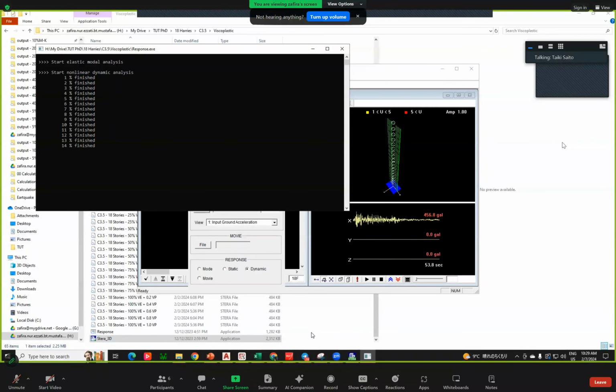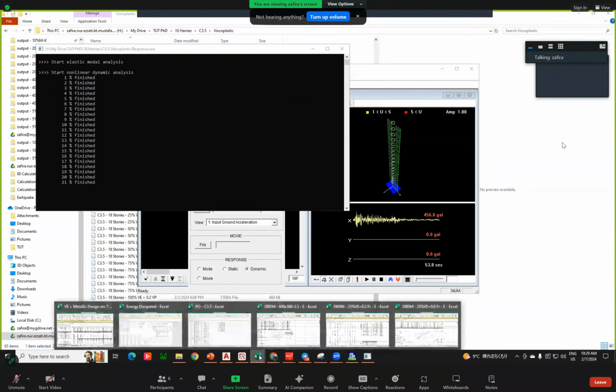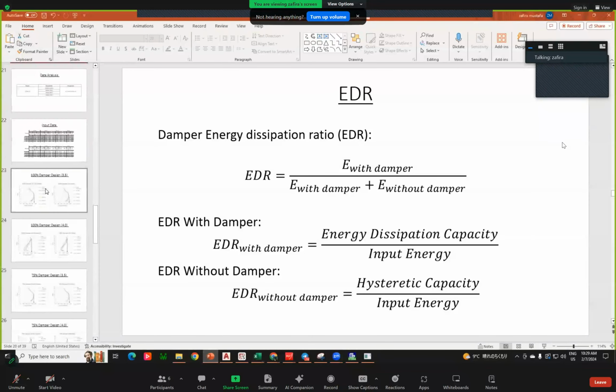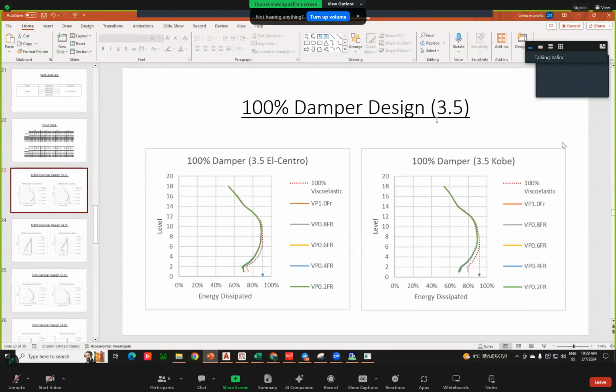Which damper displays the energy most, first story or 20th story? It depends on the type of the model. This is a long beam. In a long beam, usually the middle and the bottom dissipate more energy.